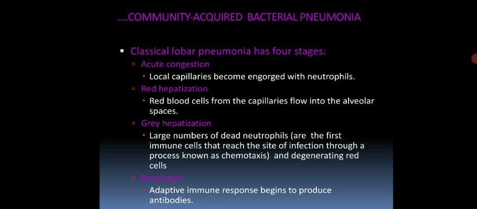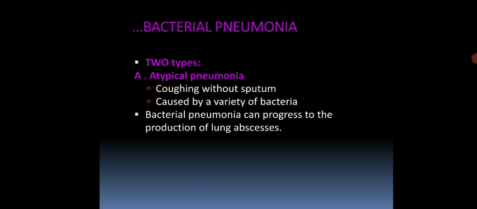In grey hepatization, a large number of dead neutrophils, the first immune cells that reach the site of infection through a process known as chemotaxis, and degenerating red cells aggregate and form the grey hepatization condition. In resolution, adaptive immune responses begin to produce antibodies. So these are the four stages of lobar pneumonia.